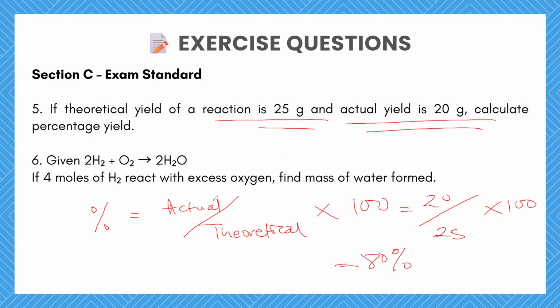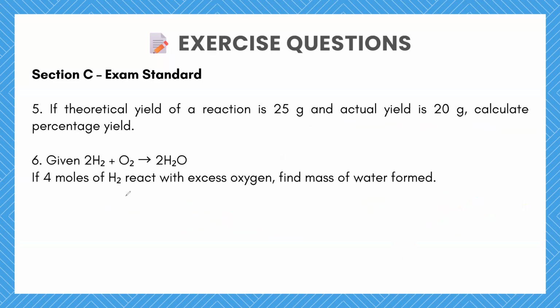So now we have the final question. The final question says, if 4 moles of hydrogen react with excess oxygen, find the mass of water that is formed. So let's go ahead and take the step-by-step procedure that we saw in the similar question in the first section. The first thing to do would be to convert all the given reactants to number of moles.